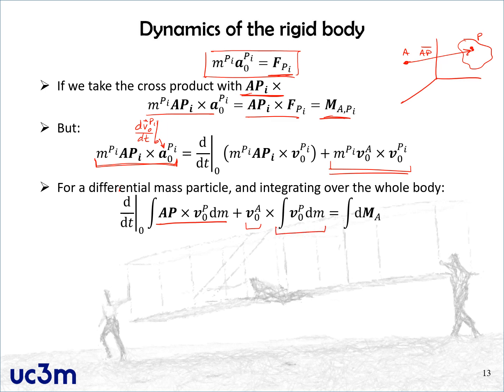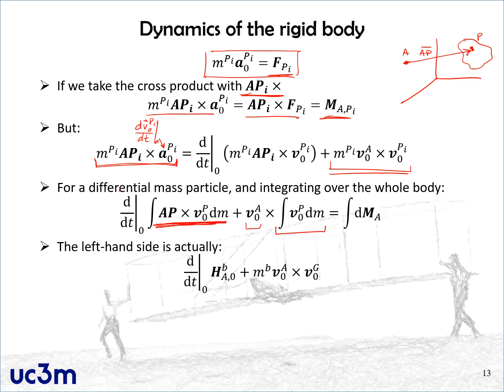Clearly, this is a quantity that we already know, which is the velocity of the center of mass of the rigid body times m. Now, by definition, this is how we define the angular momentum of the rigid body about point A. Okay, so we can replace it by that symbol. This is, as we were saying, the mass times the velocity of G. Okay, and finally, what we have is that the left-hand side can be expressed in this way.